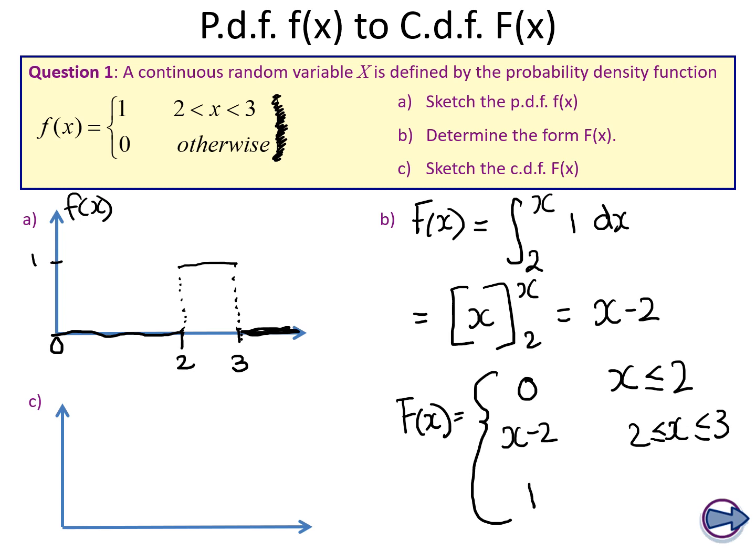And it is 1 when x has hit the top limit or is greater than the top limit. That's saying basically, what's the probability x is less than or equal to 5? It will still be 1, because when you're at 5, you've seen all that area of 2 to 3, so it's already added up to 1.